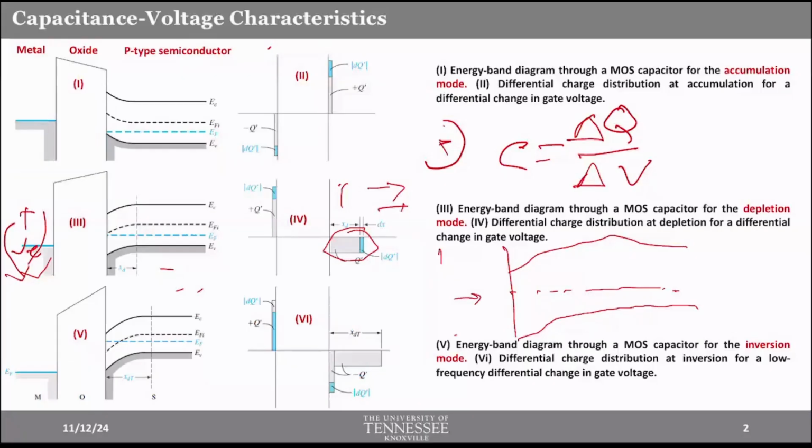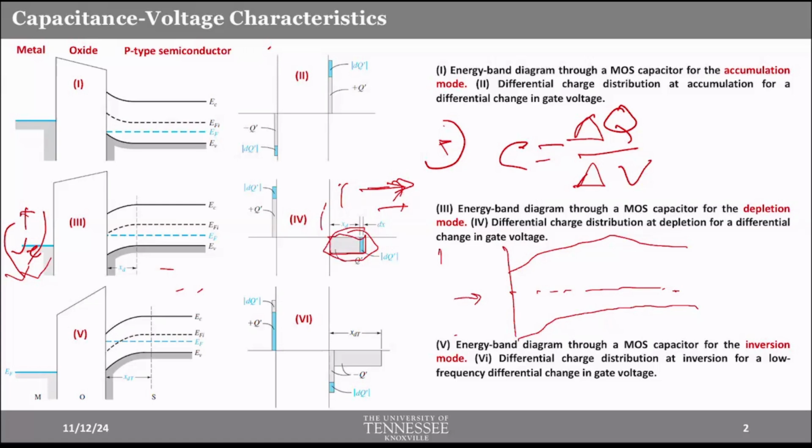If we apply a small positive voltage, I'm repeating again, a small positive voltage, holes are getting repelled from just beneath the oxide. So what happens is we have a depletion region.